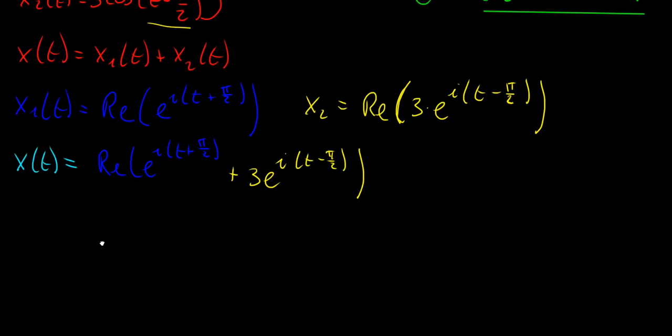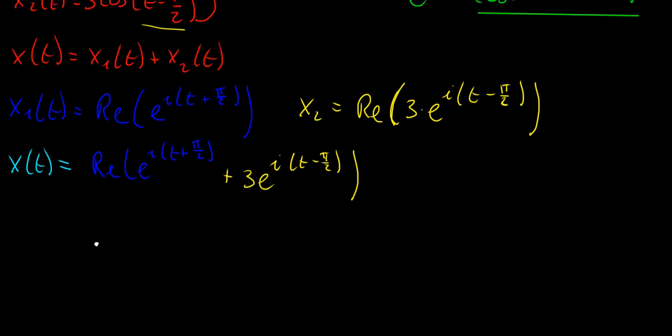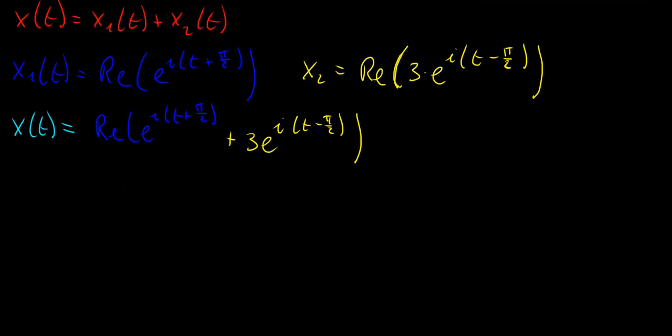Well, let's rewrite these functions. I need a little bit more space. So we get the real part of e to the power it plus i times pi divided by 2, plus 3 e to the power it minus i pi divided by 2, close the bracket.